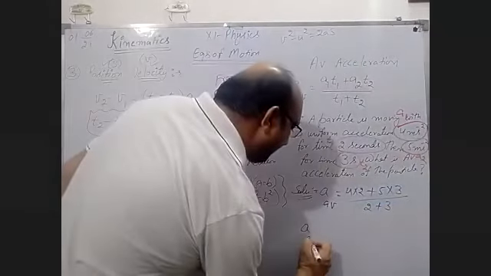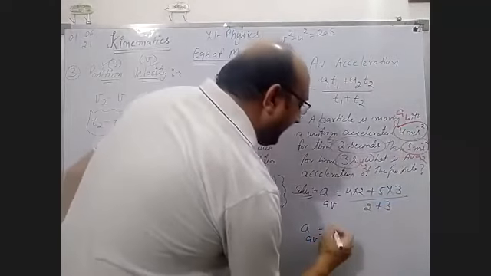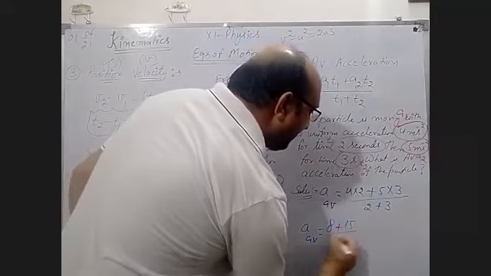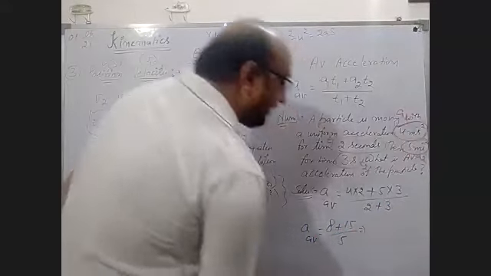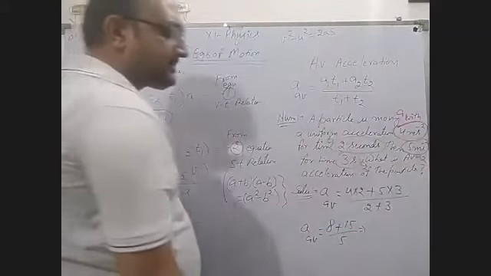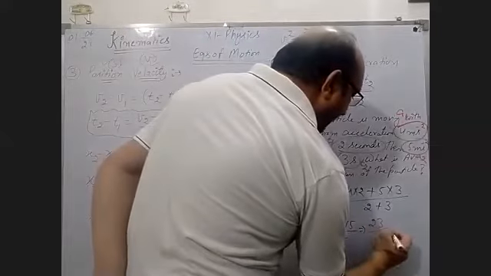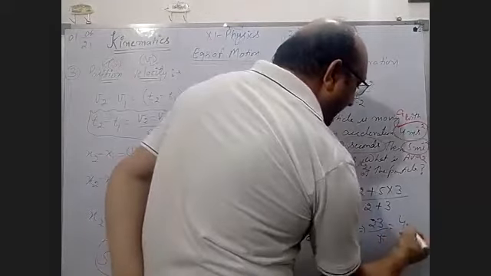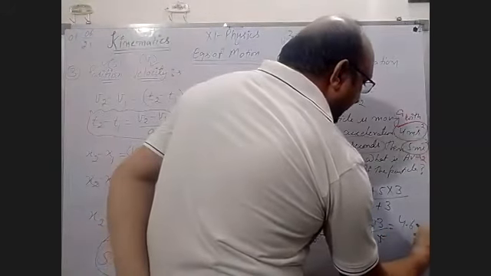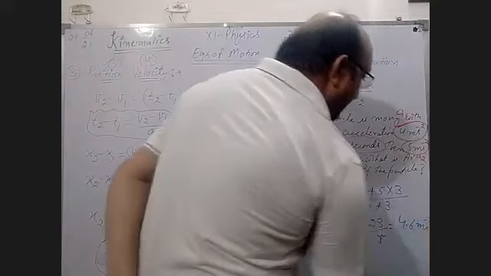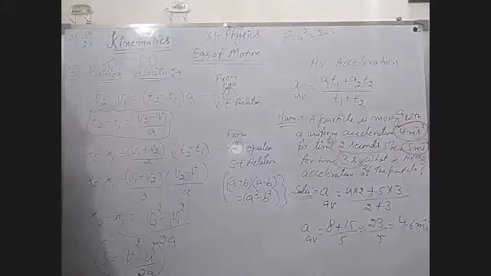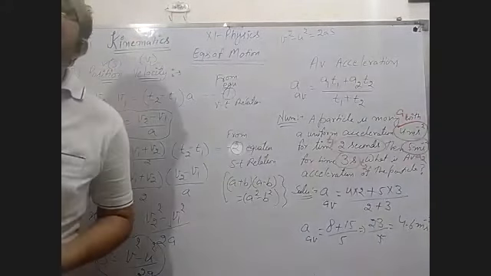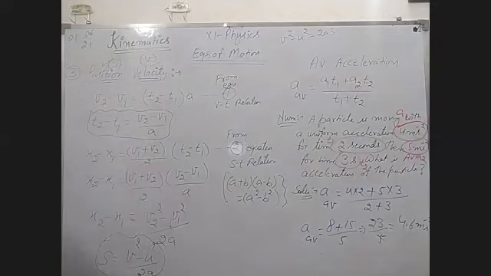Now a average is equal to (8 plus 15) upon 5. That is 23 upon 5, which is 4.6 meters per second square. Now this is the average acceleration in this case.